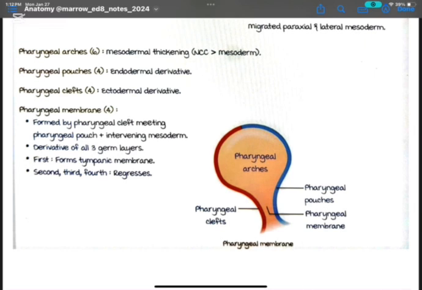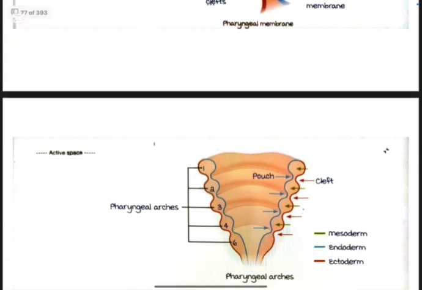So this is a diagram of the pharyngeal membrane. The one in orange is the pharyngeal membrane. The pharyngeal pouch is the one in blue, and the pharyngeal cleft is the one in red. This is the pharyngeal arch.